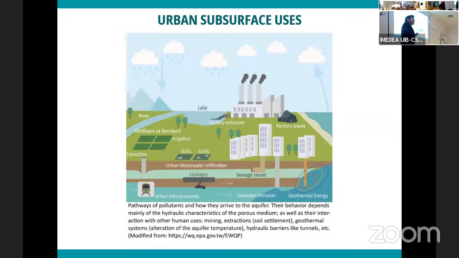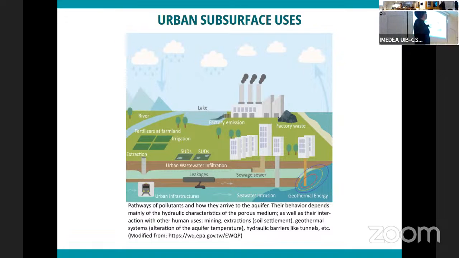First of all, I want to explain very briefly what the water cycle is and how groundwater is included in it, because sometimes there are only some small lines at the bottom of the figure. This is groundwater.